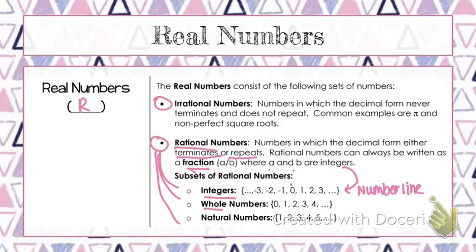So whole numbers are only the positive numbers and 0. So 0, 1, 2, 3, 4, 5, etc. So whole numbers include 0. And natural numbers, these are like what you teach a baby to count.